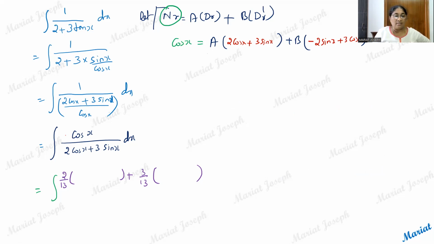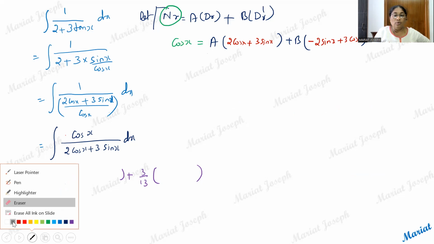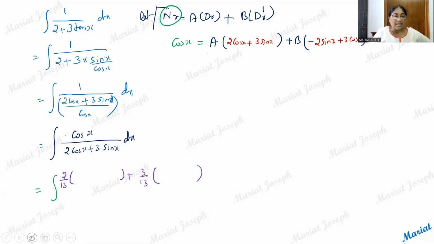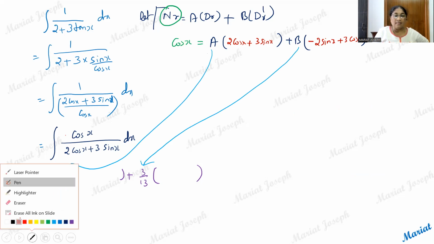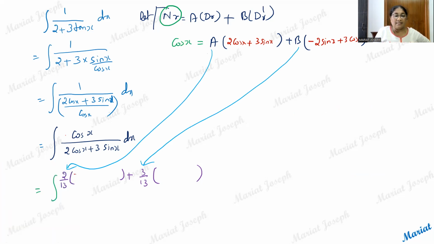So next, using this A and B, change it. We have got the A calculated. This is the A value we got, and this is the B value we got. And what should we copy there? 2 cos x plus 3 sin x. And the second one, minus 2 sin x plus 3 cos x. Where is it from?